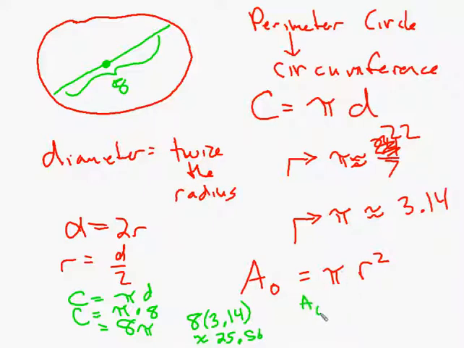And use the order of operations. 4 squared is 16, so I have 16 pi. This is the exact answer. The estimated answer is going to be 16 times 3.14, which is approximately, giving 2 decimal places, 50.24.